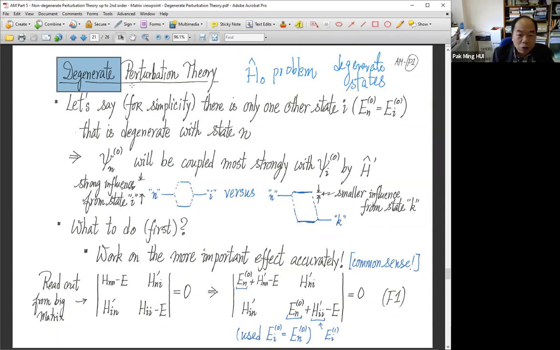That means there are two states, at least two. There may be three, there may be four, but at least two states, they have the same energy in H0. You understand me? So now I want to study when the n state I'm considering has another I that has the same energy. So I use this special case. Therefore, the zeroth order energies are assumed to be the same. Get me? Then I do this thing exactly.